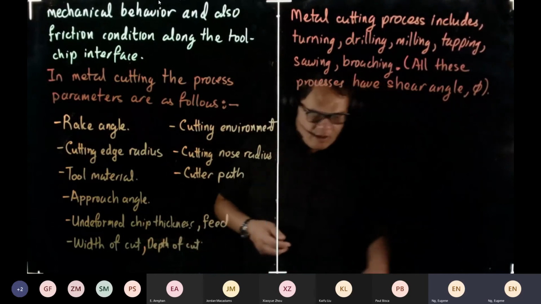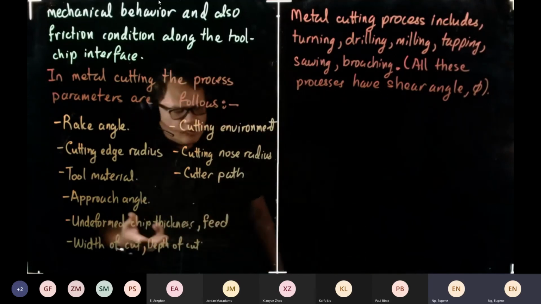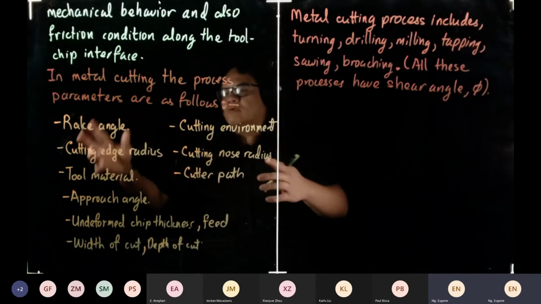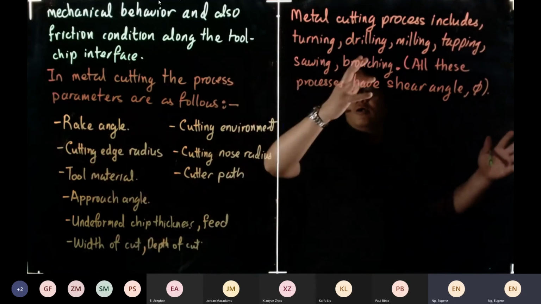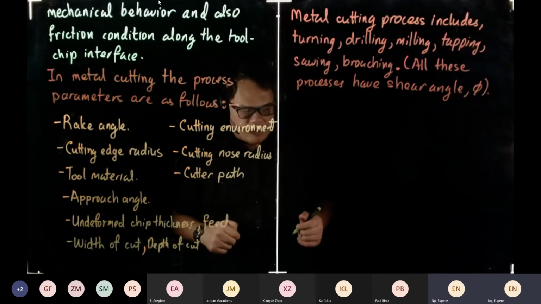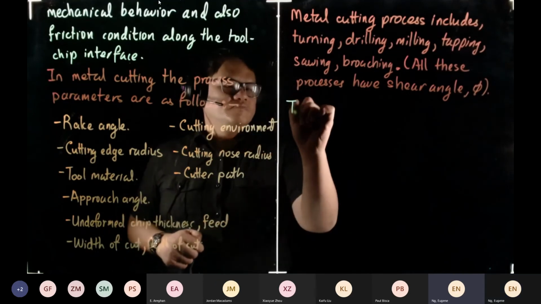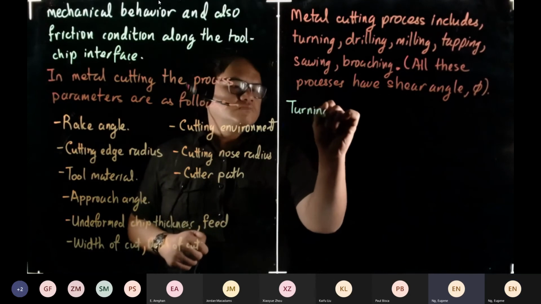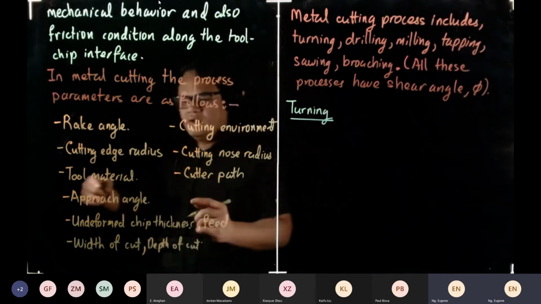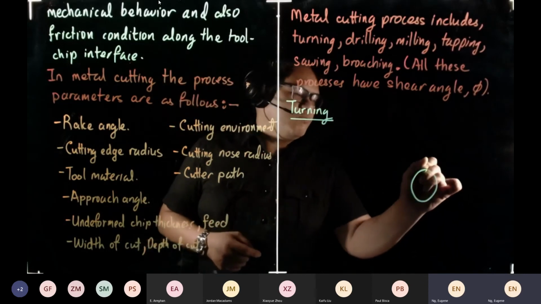The first thing we're going to talk about now is the turning process. When we go into the turning process, we talk about how to control process parameters with the Johnson-Cook equation. Let's look at the turning operation. In turning, like what we've seen in the video before on YouTube, you have a workpiece over here.